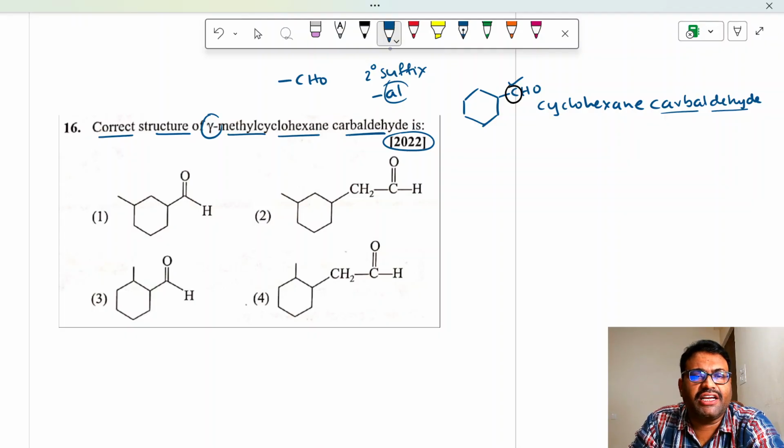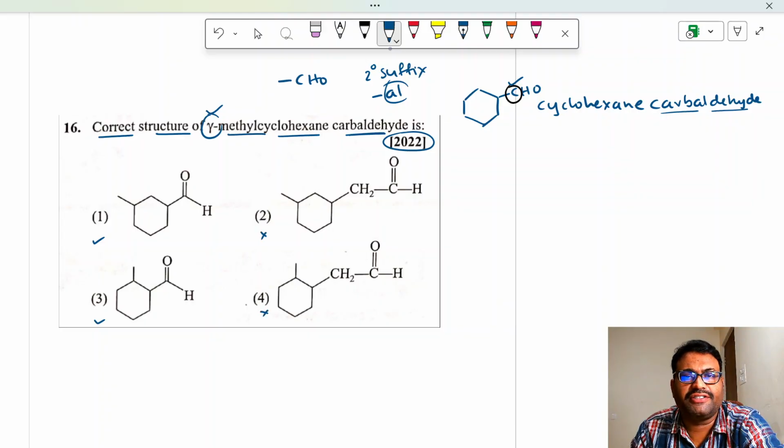Here he is asking gamma methyl cyclohexane carbaldehyde. Where can you find carbaldehyde? You can find carbaldehyde in the first option and the third option. The second and fourth options are not carbaldehydes.